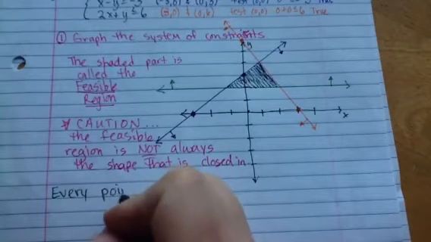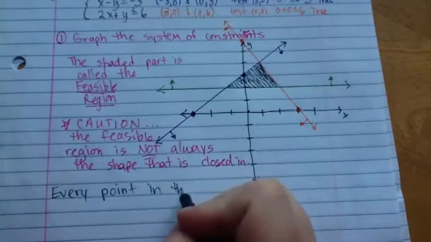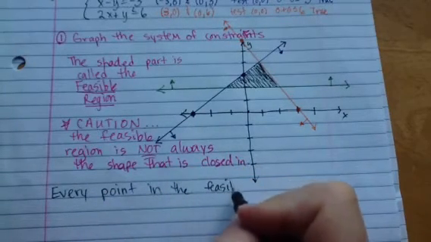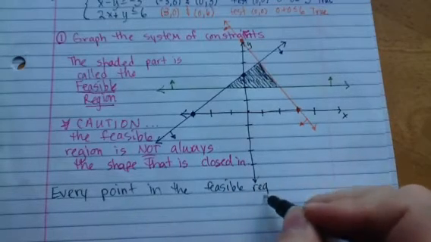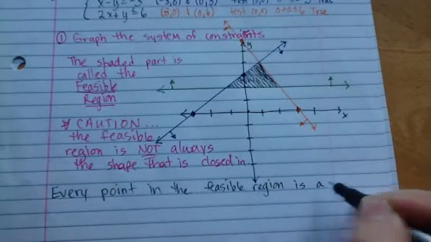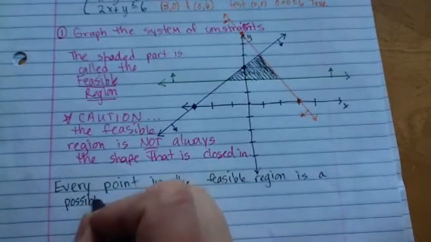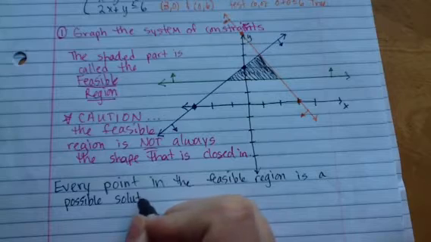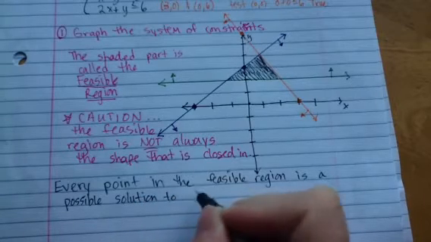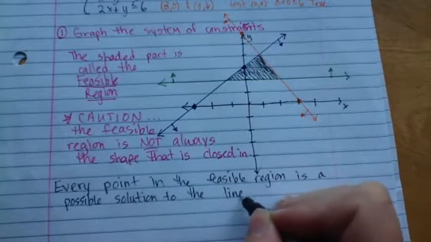Every point in the feasible region is a legitimate and possible solution to the problem, to the linear programming problem.